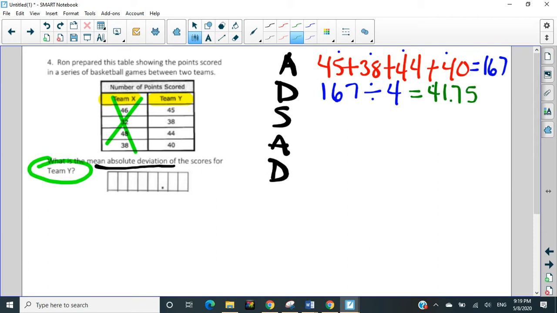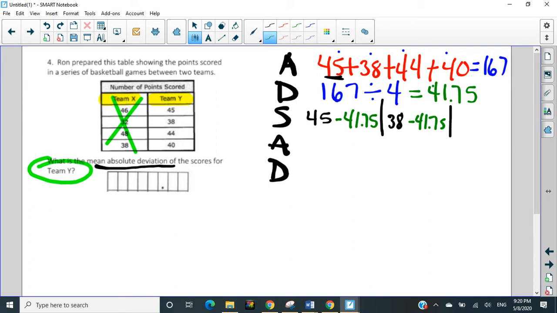Now, next step is to subtract. So we're going to be subtracting 45 minus 41.75. Okay, so it's going to be the first number, 45. Where am I getting the 45 from? From here. So I'm going to subtract that number with 41.75. Next number, 38 minus 41.75.